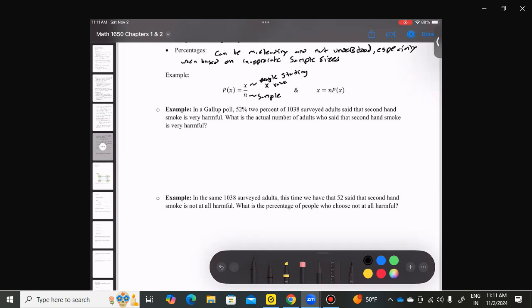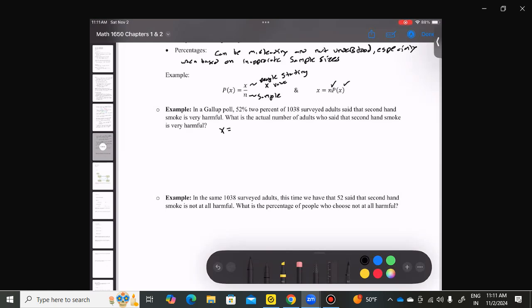So let's say we did a survey where 52% of 1,038 surveyed adults said that secondhand smoke is very harmful. What is the actual number of adults who said that secondhand smoke is very harmful? So we have the percentage, we have the sample size, we need to find what X is.